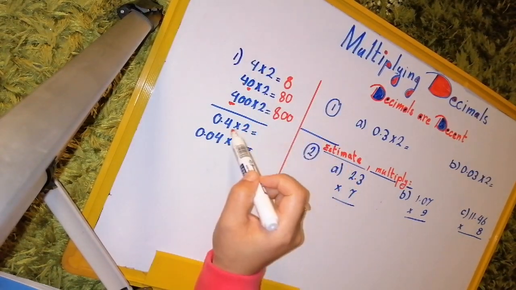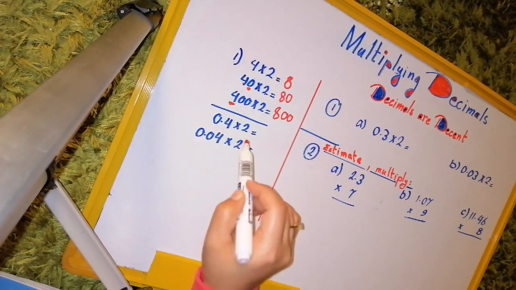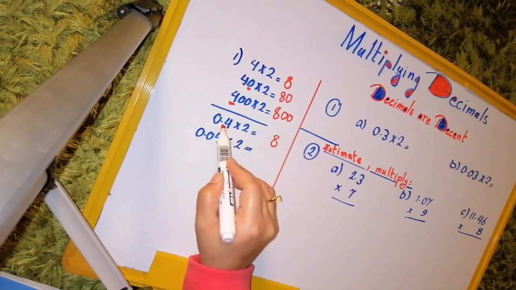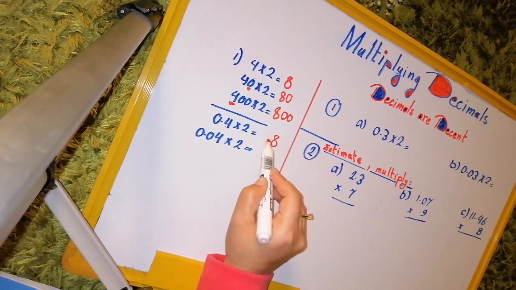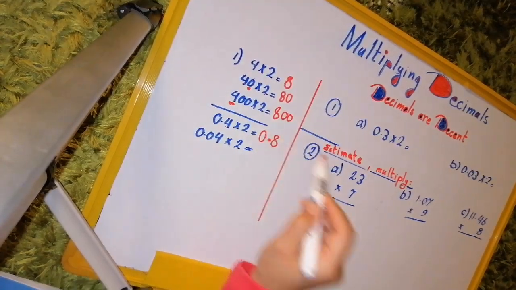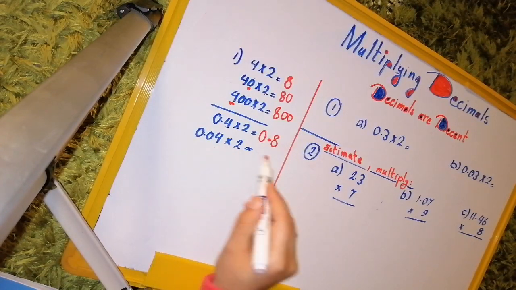Okay, now let's see for decimals, how can I do this? It's the same here. 2 times 4 is 8, but what am I going to do? I will put my point after one digit as I have here, and then I can put zeros. And here, if I try this, it's the same.